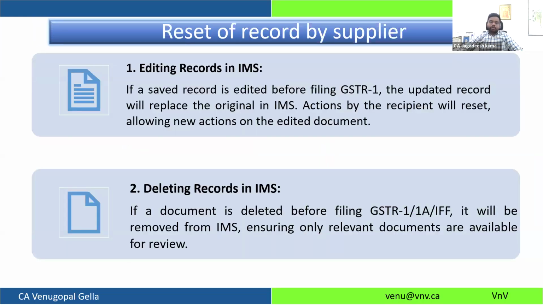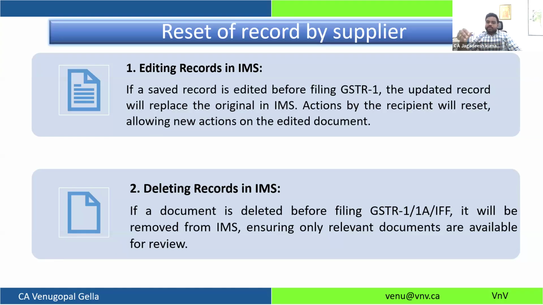Reset of record by the supplier. If my supplier has saved the record in GSTR-1, that is before filing his GSTR-1, and I accepted it as and when he saved the record, but before filing his GSTR-1 he has edited it, then whatever action I have taken on that record will get reset.